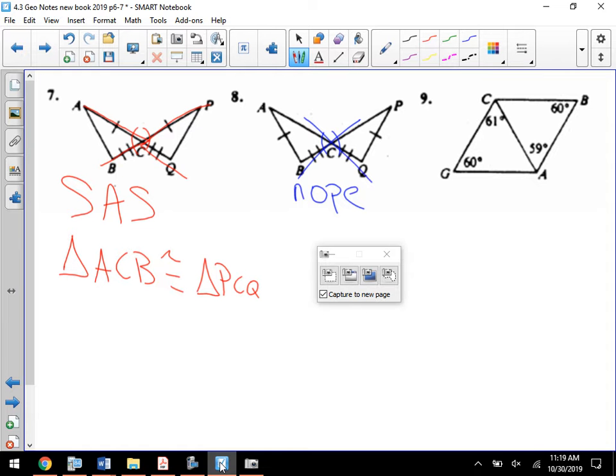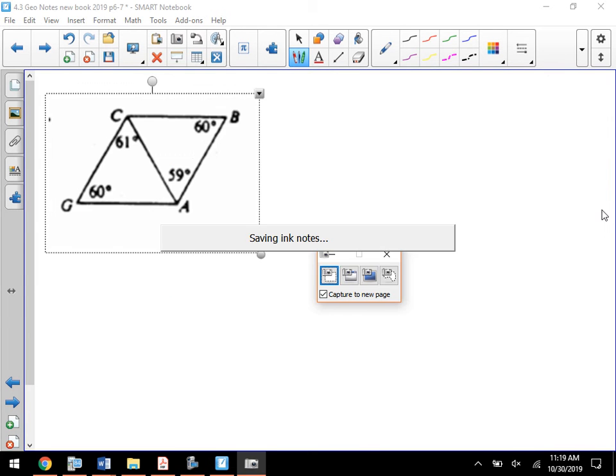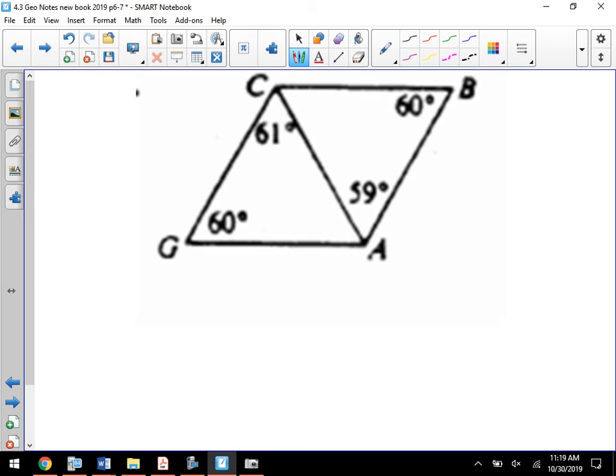All right. 9, you have to do a little bit of work. It's not anything difficult, because how many degrees are in a triangle? 180 in a triangle. So on this one, the trick was, obviously, you've got a reflexive side between the two, the shared side. But what you needed to do is figure out these third angles. 60 and 61, back that out from 180, it gives you 59. 60 and 59, back that out, gives you a 61.